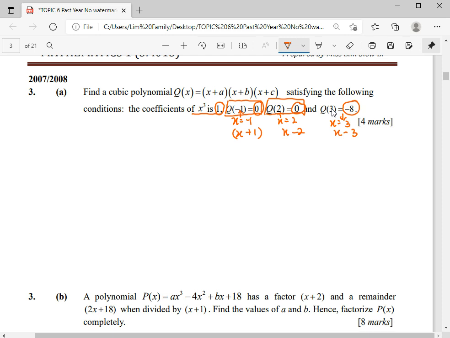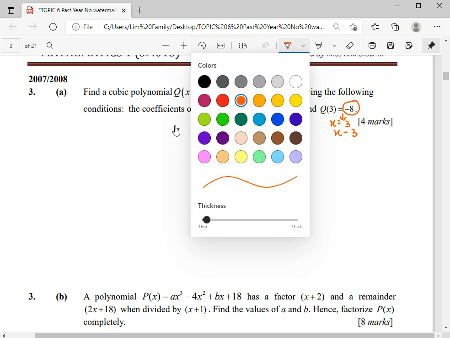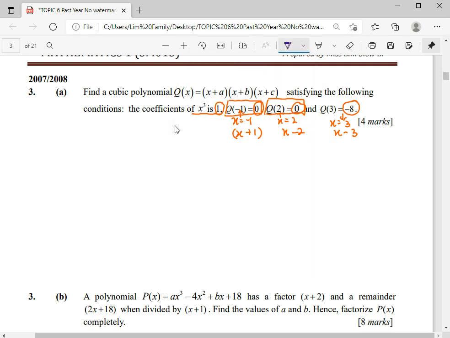So from here, what can we read? Since Q(-1) equals 0, then Q(2) equals 0. Here we have x equals negative 1, x plus 1 will be a factor.